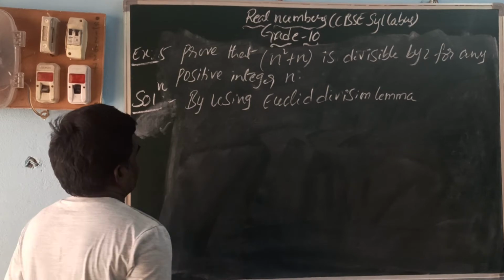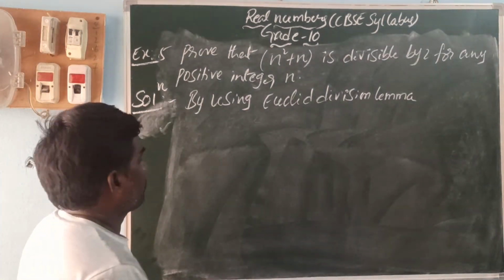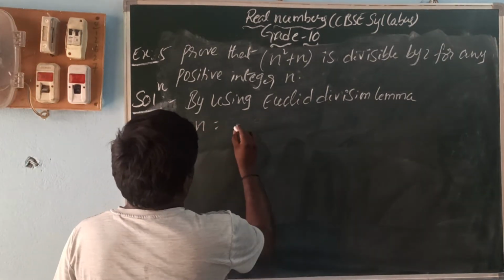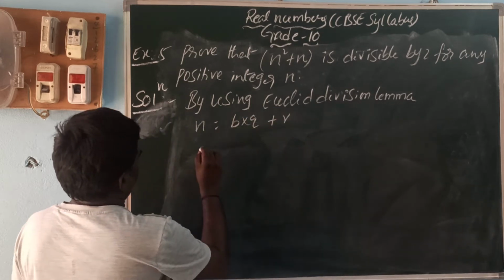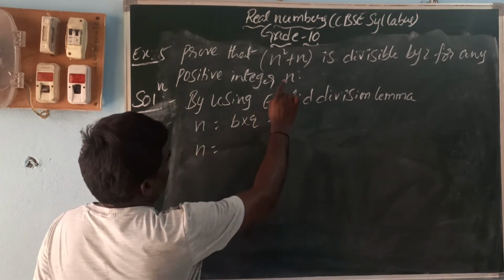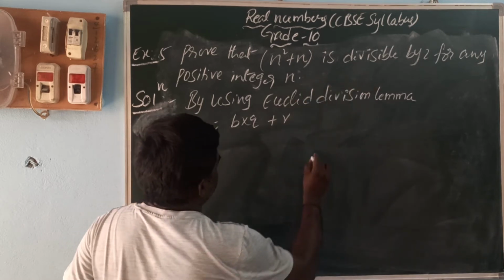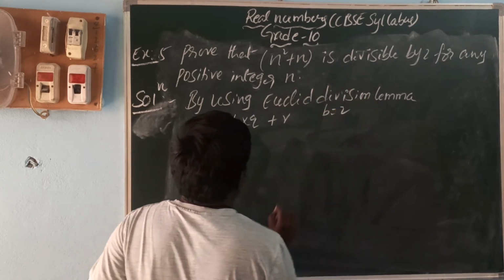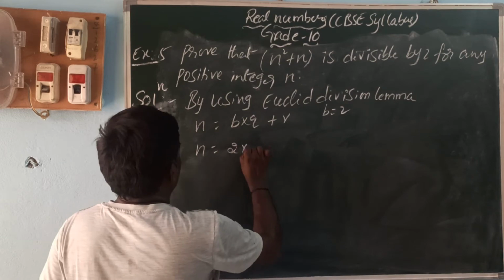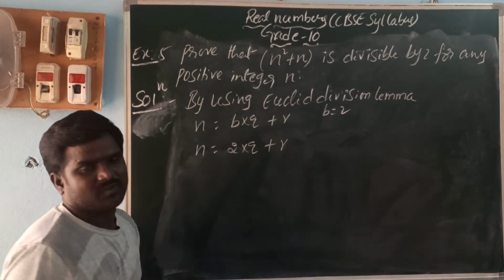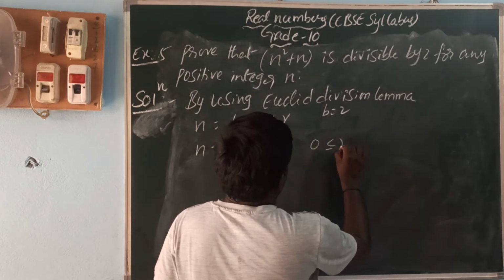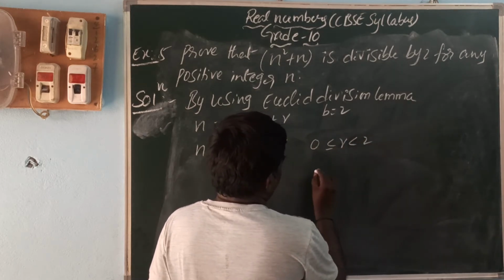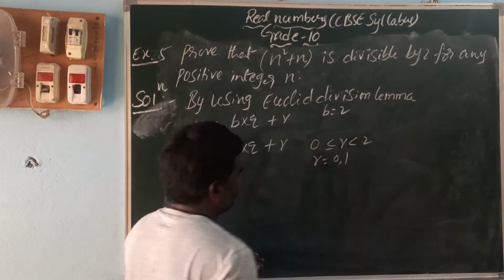Let us take, not a, but n. So n is equal to b into q plus r. Here they are asking about divisibility by 2, that means the divisor is 2. So that is here n is equal to 2 into q plus r. Okay, so what is the condition? 0 less than or equal to r less than 2. So here the r value is 0, 1.